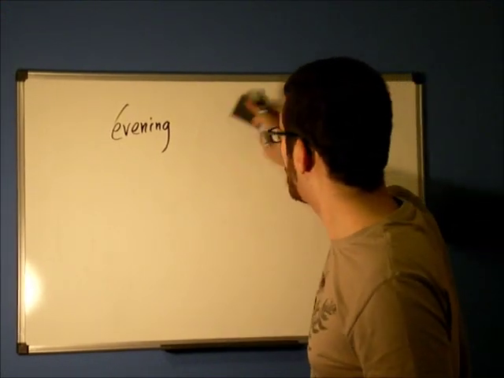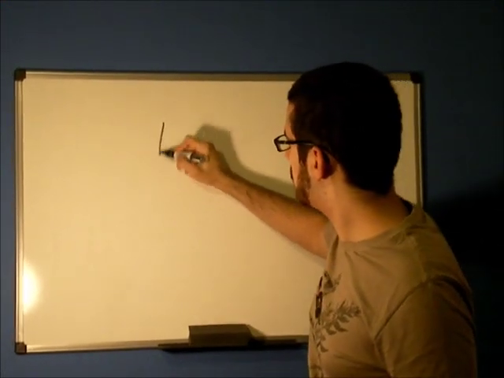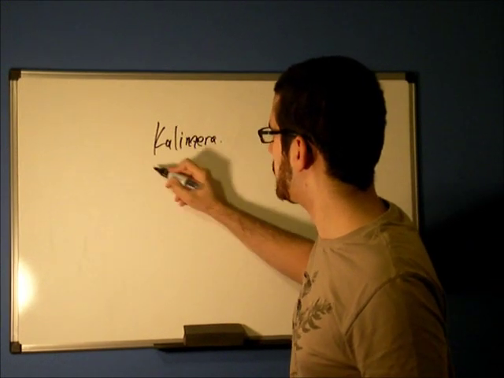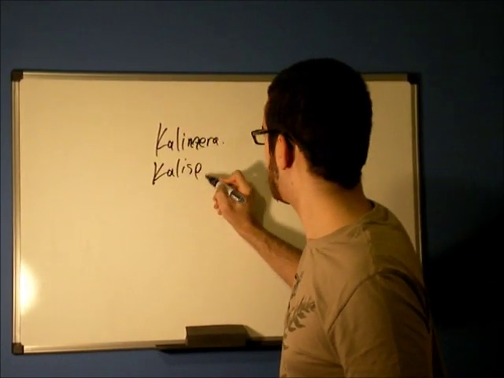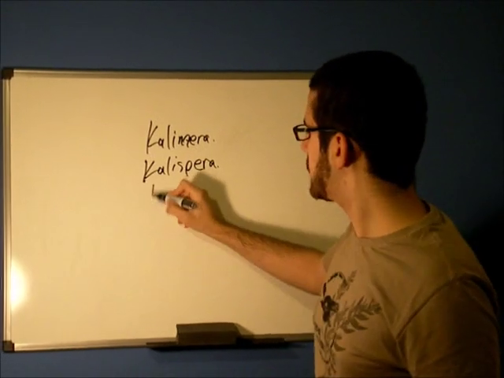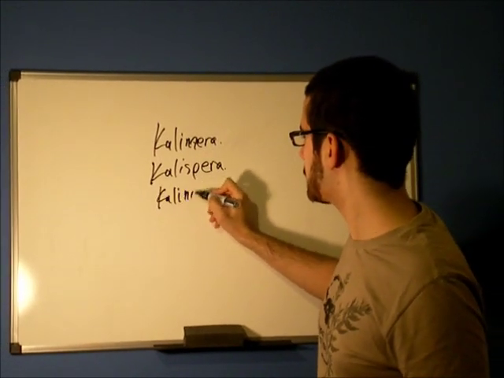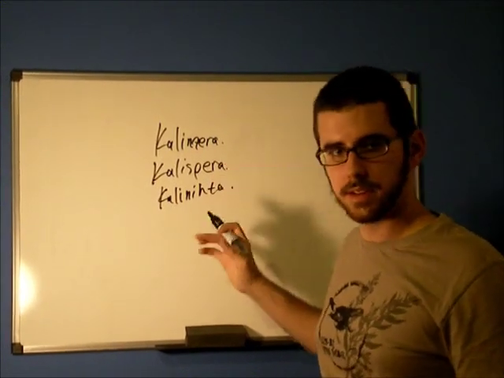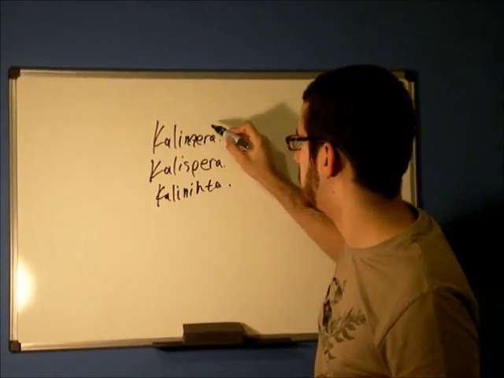So in Greek, I said these before in the previous lessons. Kalimera, kalispera, kalinihta, for example. We accentuate these, like in Greek script. I will do that in a second.